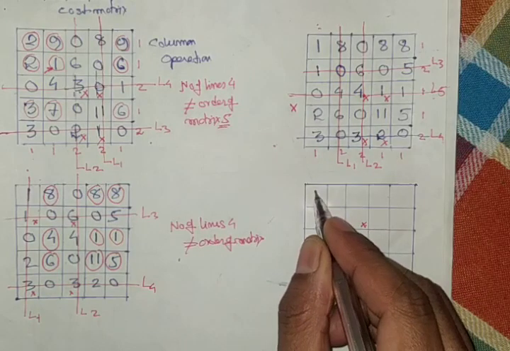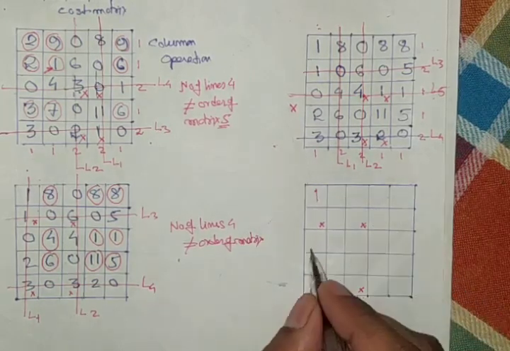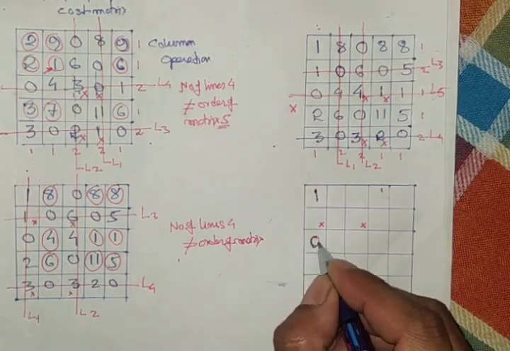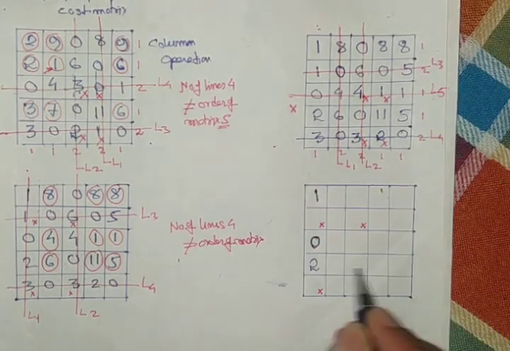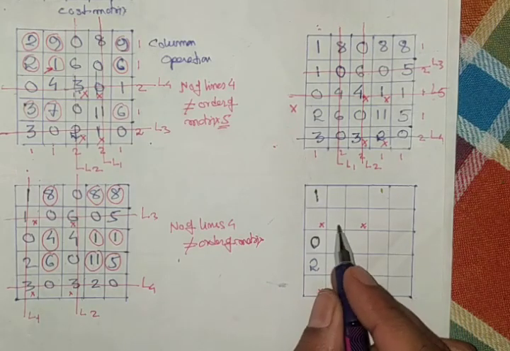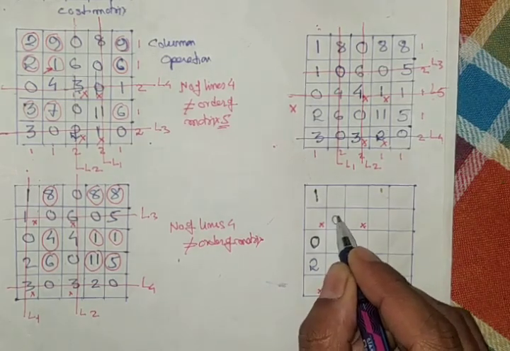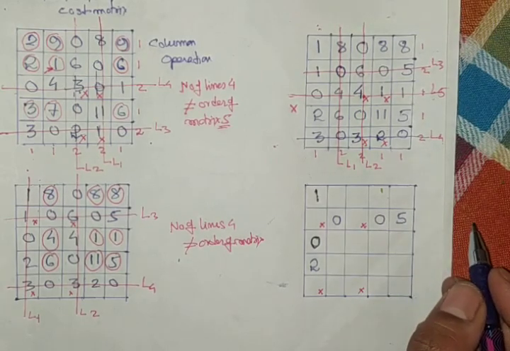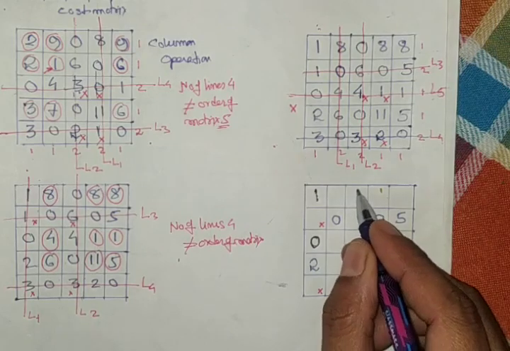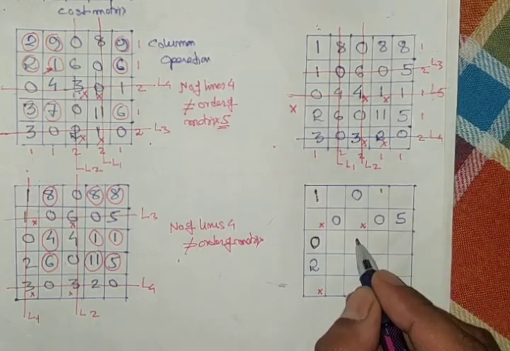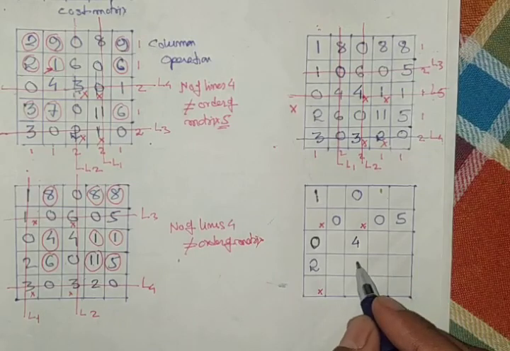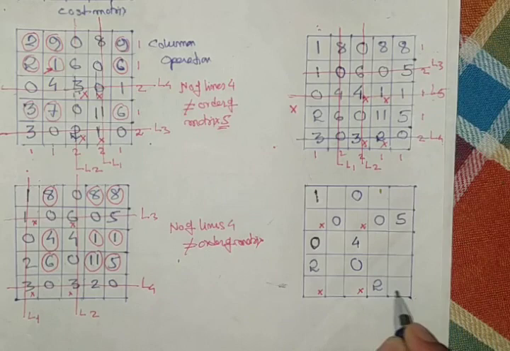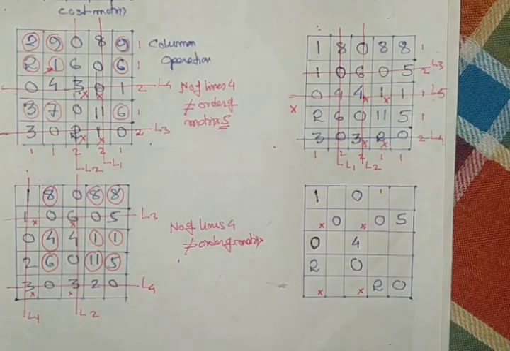So here 1 will remain 1, 0 will remain 0. This is 1, this 0 will remain 0, 2 will remain 2. Then here 0 will remain 0, this 0 will remain 0, this 5 will remain 5. Then here this 0 will remain 0, this 4 will remain 4, this 0 will remain 0, this 2 will remain 2, this 0 will remain 0.